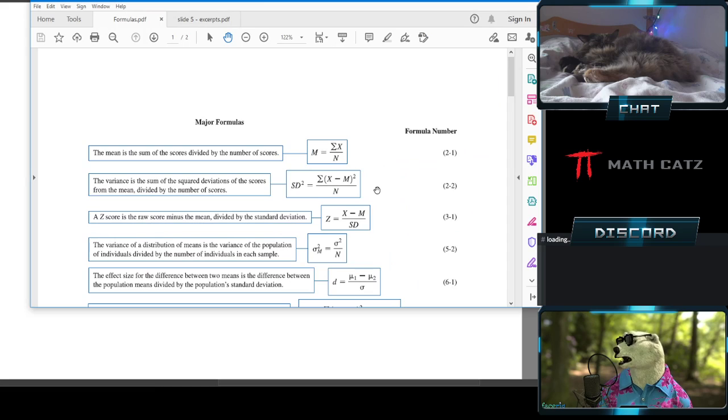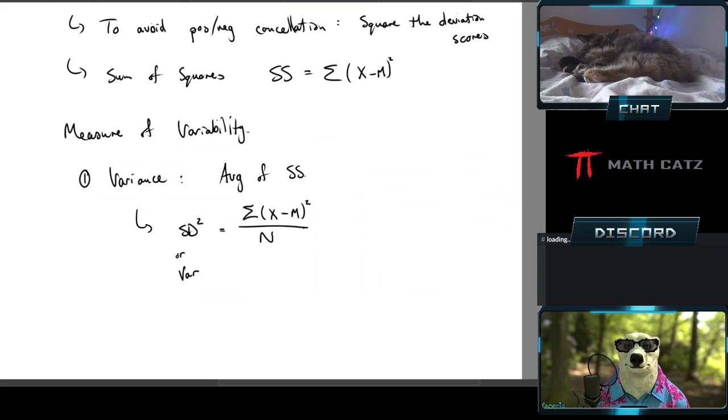Formula 2.2. You see it over there with a little description. The variance is the sum of the square deviations of the scores from the mean divided by the number of scores. Good. So I'll just highlight here. This is formula 2. Why the number 2? Oh, because it's, I think, in chapter 2 of that book. Right.